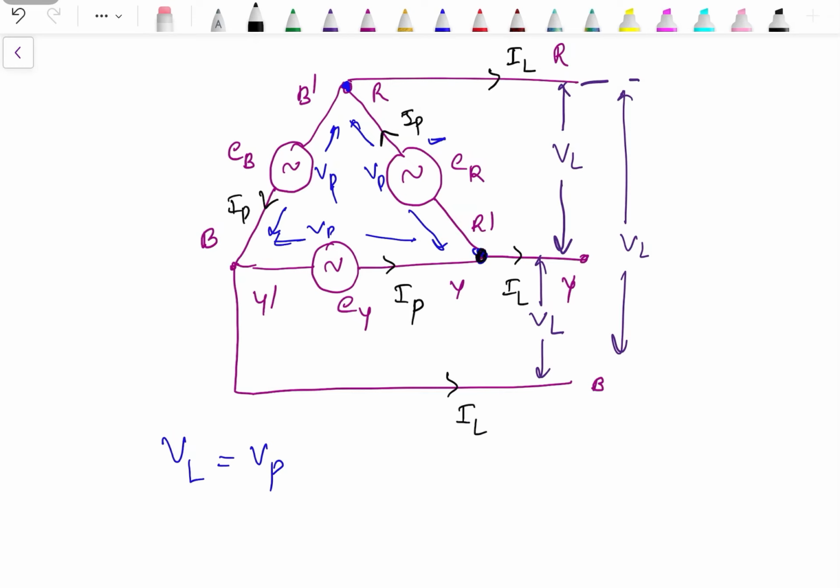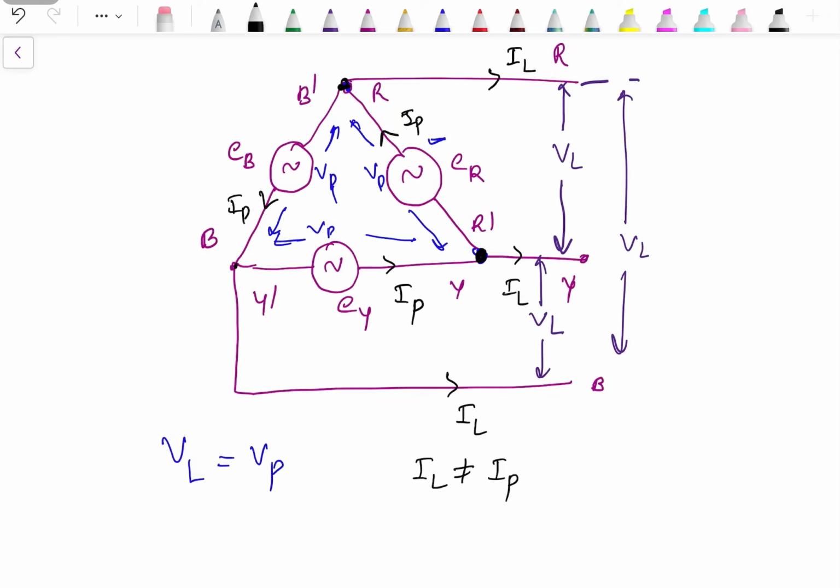So what we see over here is that we have three currents meeting at this junction, three currents at this junction and three at this junction. So when we have junctions, it means the currents are no more the same. We have to apply KCL and find out their relationship. So line current and phase current are not the same. Now what's their relationship? That I will consider in the next video.